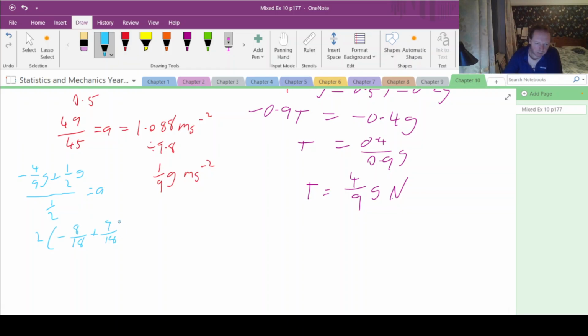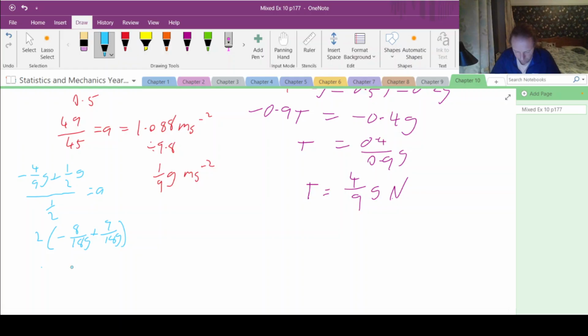That's got a g on it. So 9 of them. So that leaves me as 1/9 g. Is it? Where were we?